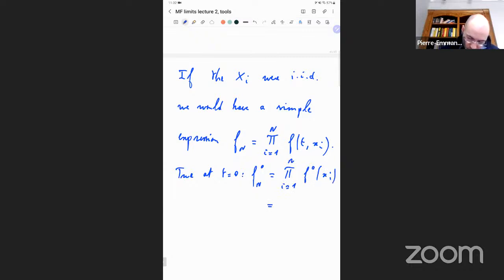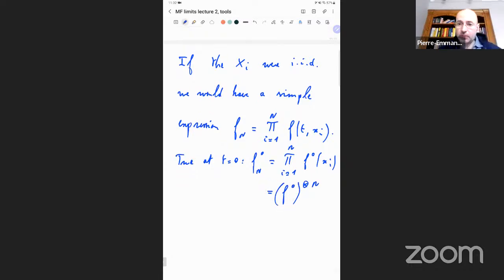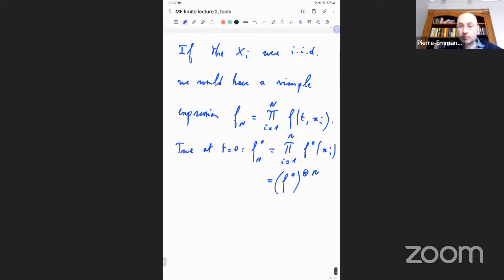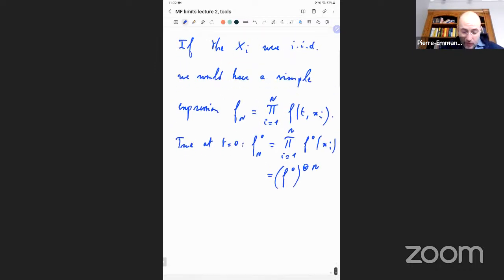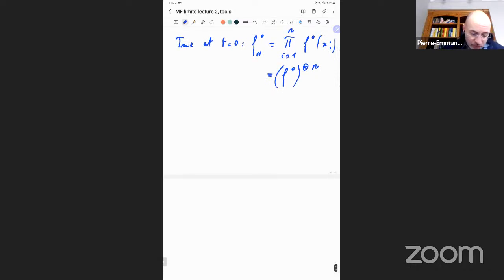And this I will denote in the following manner, to save a bit of space. Okay, so fair enough. A basic idea is to compare Fn and the tensorized limits using some norm, some distance.